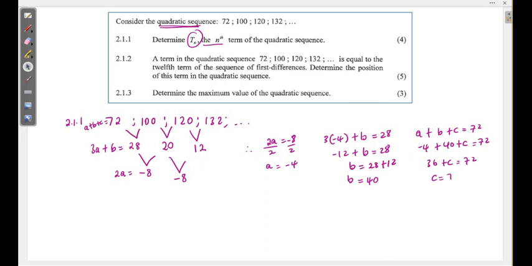Therefore c is 72 minus 36, which is 36. Now remember, for a quadratic sequence you have Tn as an squared plus bn plus c, which is a parabola. So we have -4n squared plus 40n plus 36.